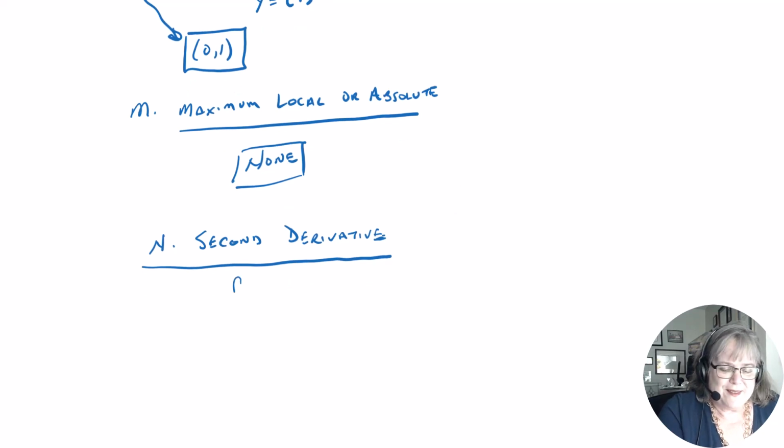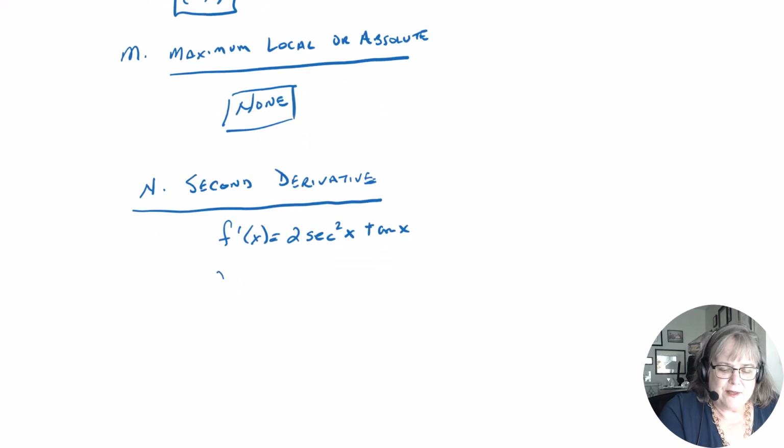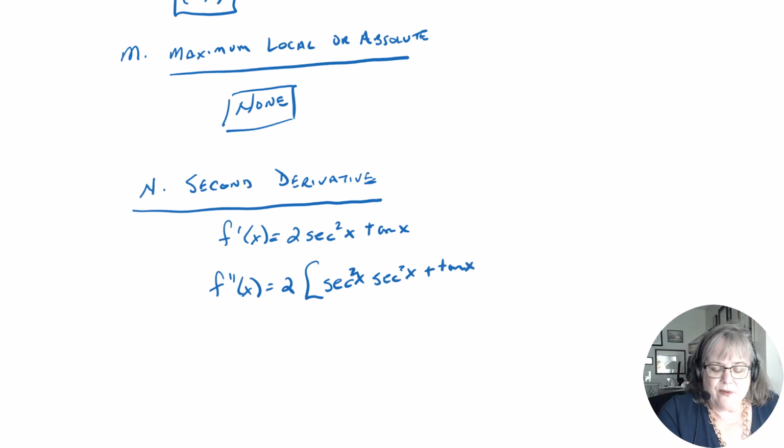All right, so the first derivative looked like this. Okay, so the second derivative would be, here's your 2. It's the first times the derivative of the second, and the derivative of tangent is another secant squared, plus the second times the derivative of the first.